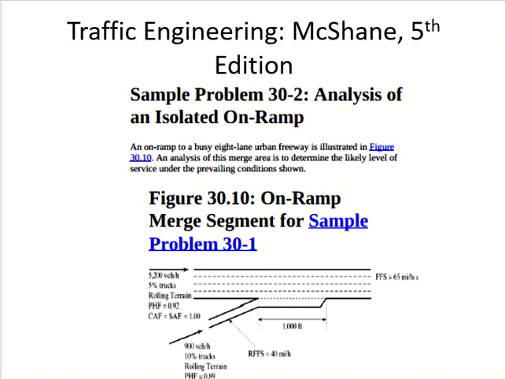Before that: flow rates. These values are volumes in vehicles per hour, all of them. You have to convert them to passenger cars per hour and into flow rate, so you will divide by FHV and peak hour factor. The first thing you will find is the FHV. Rolling terrain, percentage of trucks are given, so you will find FHV.